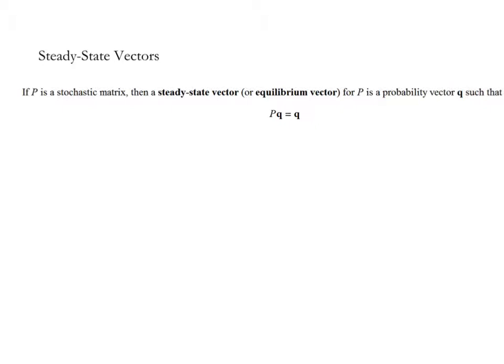Well, we got the same thing going on here, because I can take PQ equals Q, subtract my Q vector from both sides, and if I want to ultimately factor the Q out, I'm going to write PQ minus Q equals 0. I'm going to have an identity matrix in front of Q, because then I can factor out (P minus I) times Q equals 0.